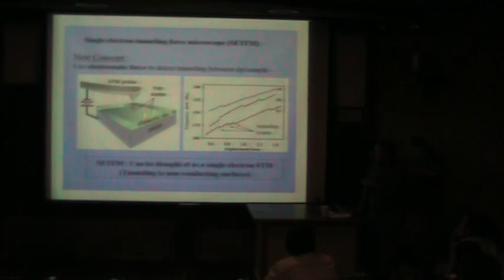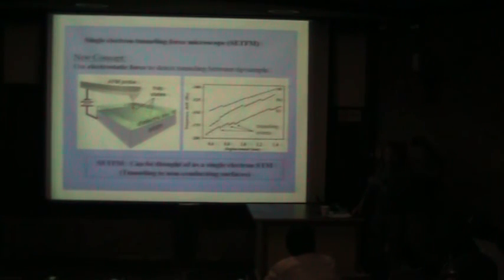Well, we've developed this method of what we call single electron tunneling force microscopy. It's like an STM that is capable of tunneling just one electron from the probe tip to the surface, or a state in the surface, and then you can actually pull that electron back to the tip. And so you shuttle the electron to and from these atomic states because the electrons can't leak away into other states. And what you see here are a bunch of measurements where we're scanning the probe toward the surface.